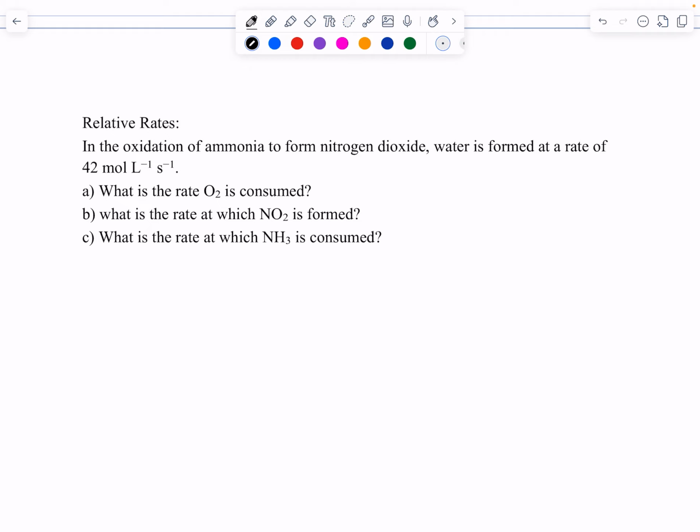So ammonia, NH3. I'm not worried about state symbols. That's a gas, but not worried about that right now. Oxidation, O2, to form nitrogen dioxide, NO2, and then water is also formed.